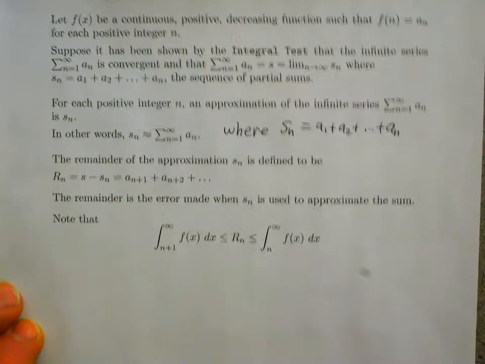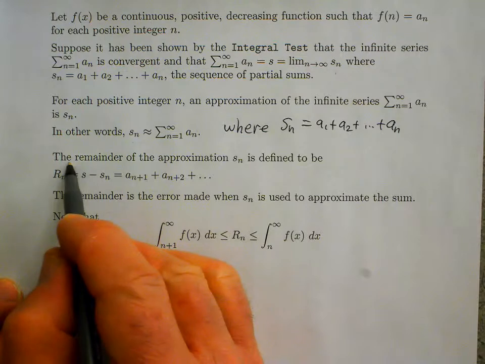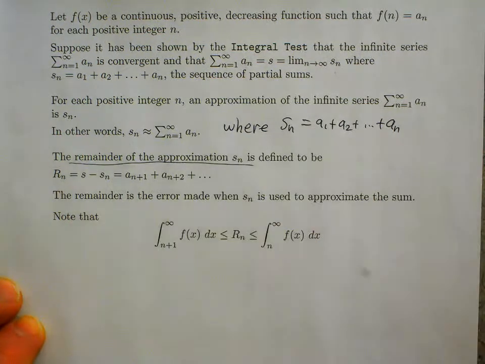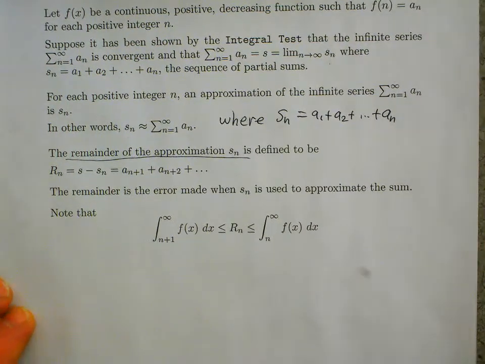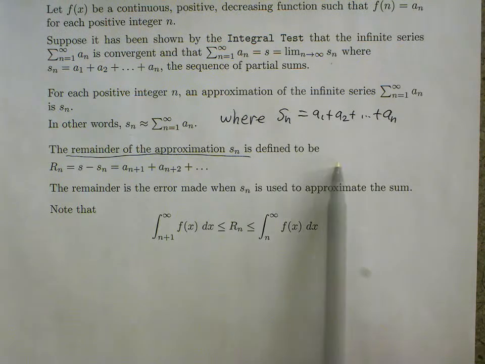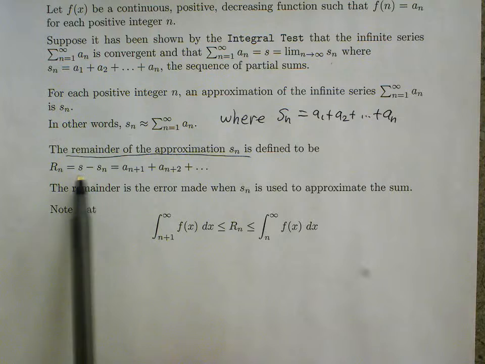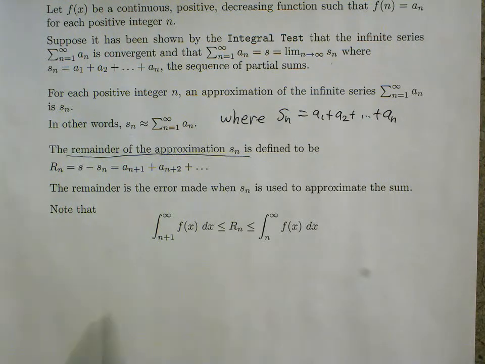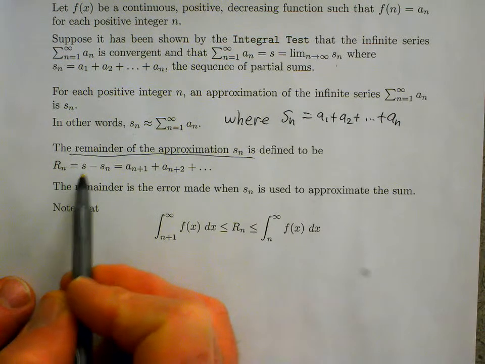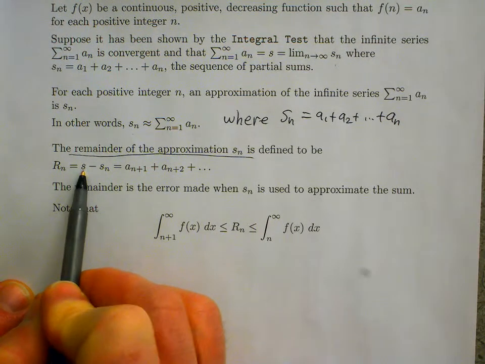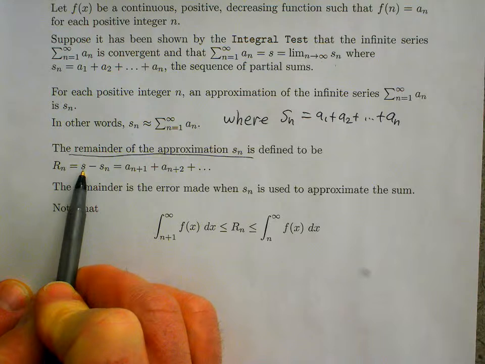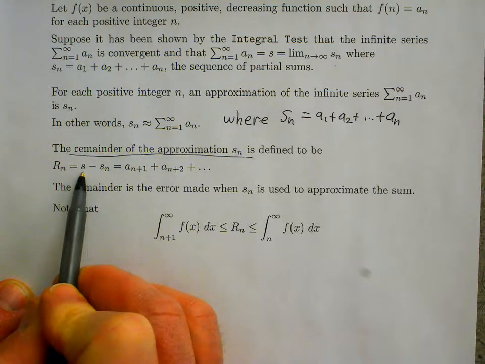Okay, so here we have a new definition. The remainder of the approximation S sub n is defined to be capital R sub n equals S minus S sub n. So S is the sum of the infinite series, what the infinite series converges to.